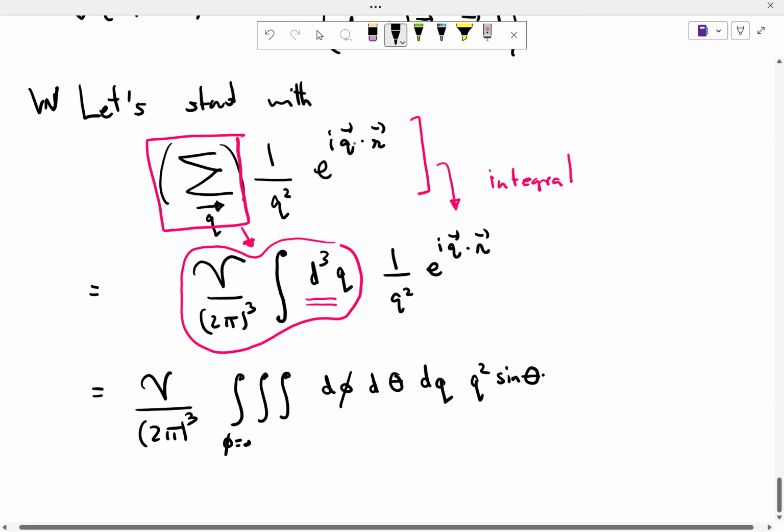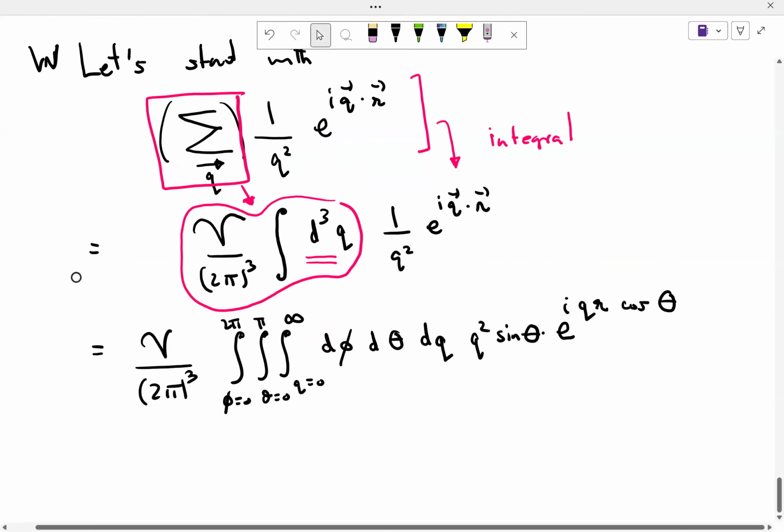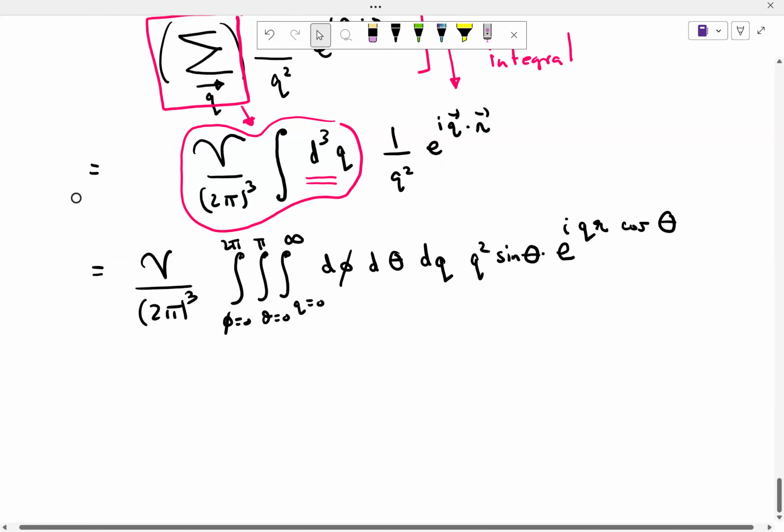Phi goes from 0 to 2 pi, theta goes from 0 to pi, and q goes from 0 to infinity, and we have e to the i q r cosine theta. Okay? So this is the value of this discrete sum.